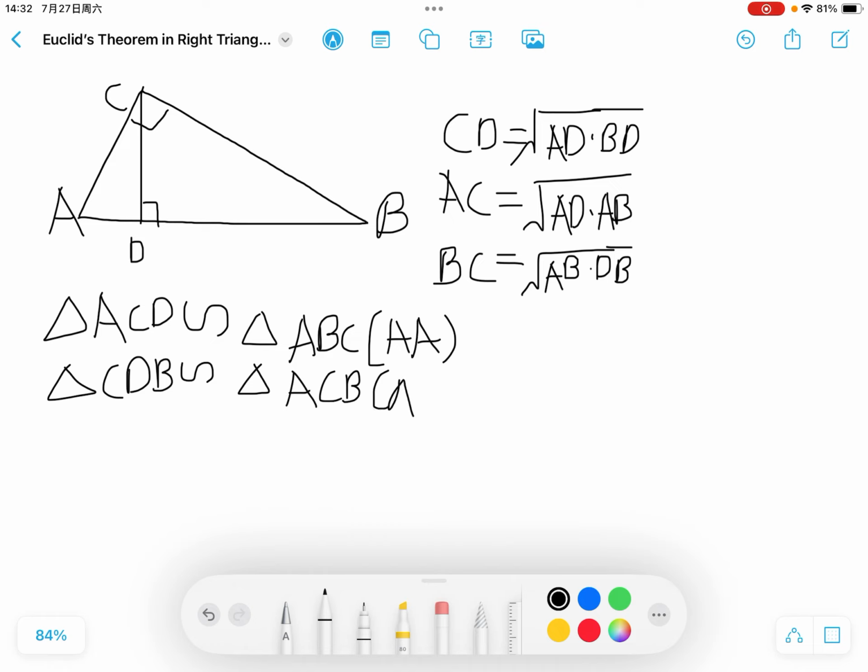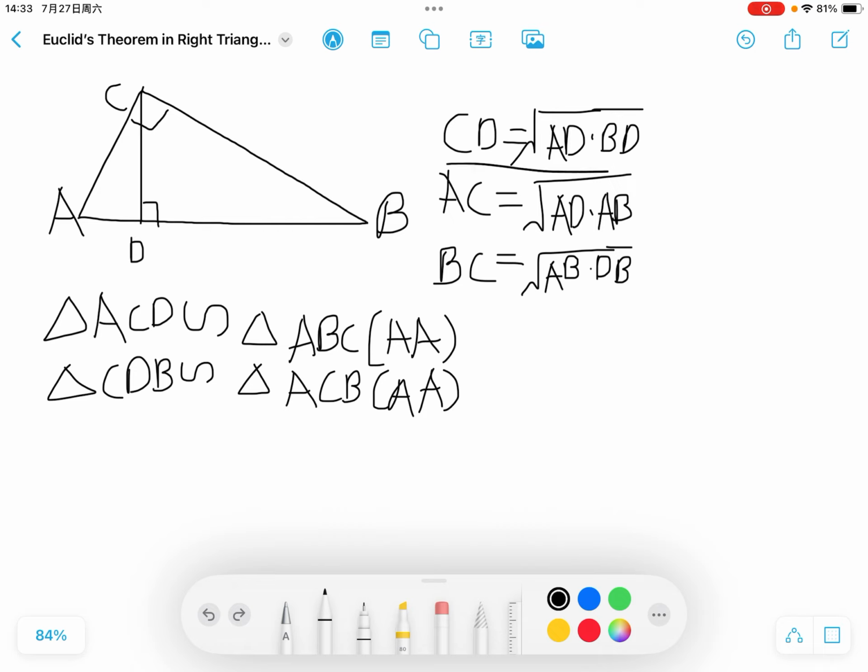Once again, we should pay attention to the corresponding sides and points. After we prove that all three triangles are similar to each other, what we should do is use the common ratio between the side lengths, because these rules are all about side lengths, right? We can just use the common ratios and modify them a bit to get what we want.